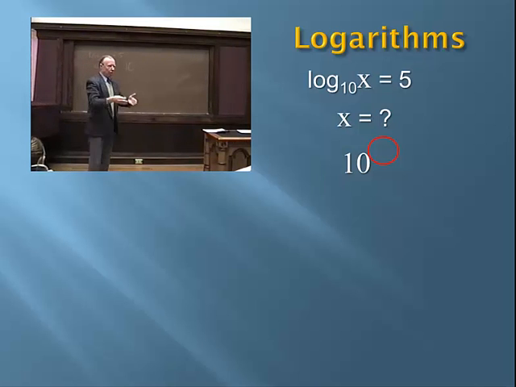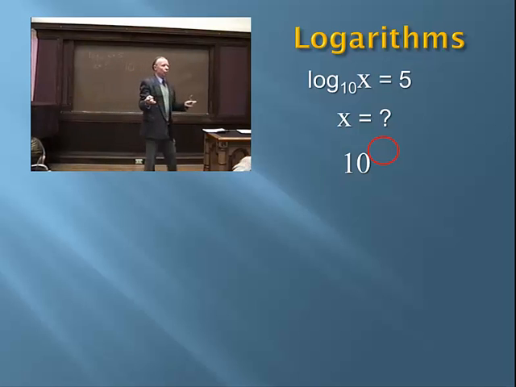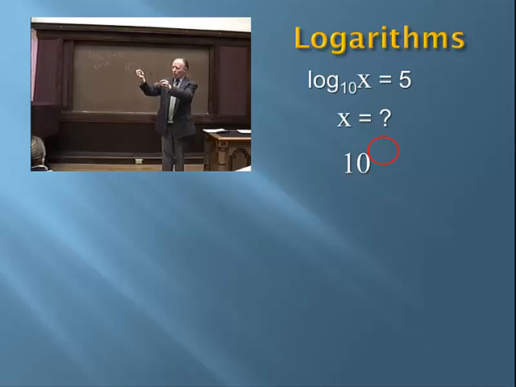You can express 5 as a power of 10, but that's a little odd. What's easier is to express 100 as a power of 10. What's 100 as a power of 10? It's 10 squared. It's 10 to the power of 2. What's 1,000? 10 to the power of 3.